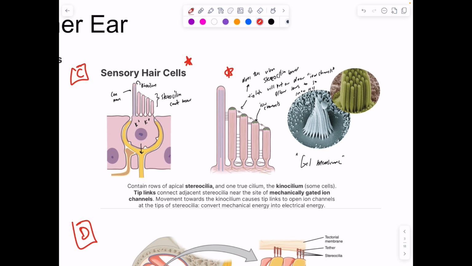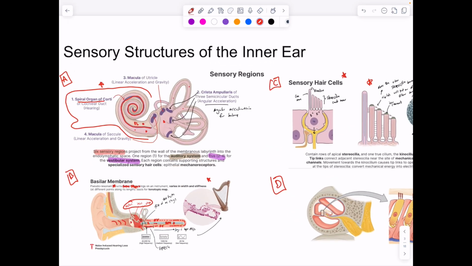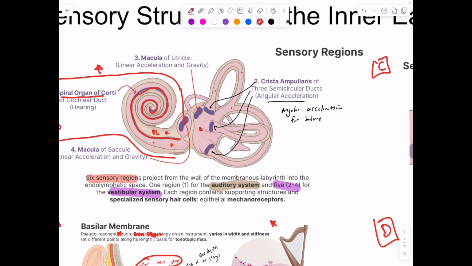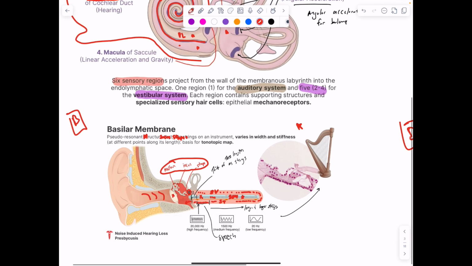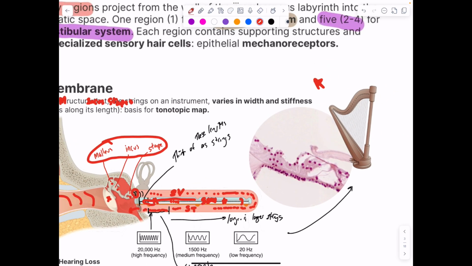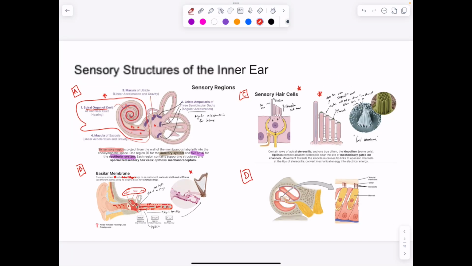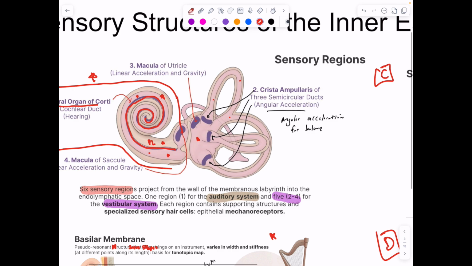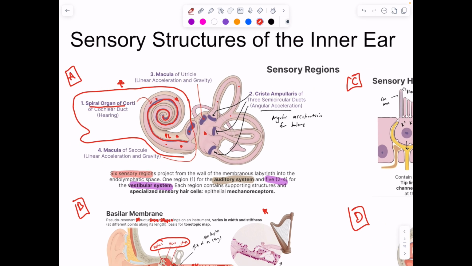And so whether we are in the cochlea and we're dealing with the spiral organ of Corti, again, that's this structure we see right here running throughout the cochlea, or if we're in the saccule right here and we have the macula of the saccule or the macula of the utricle, those are the sensory structures.